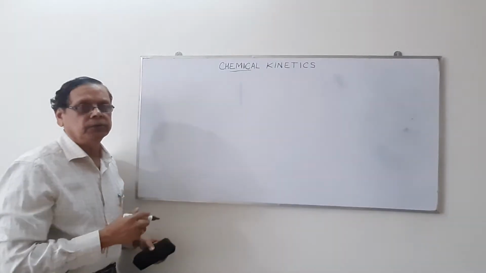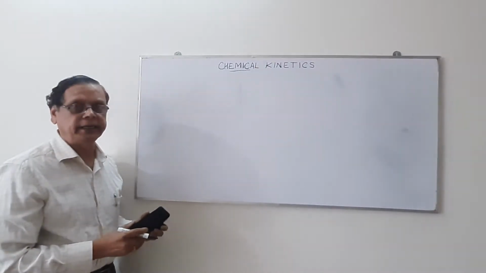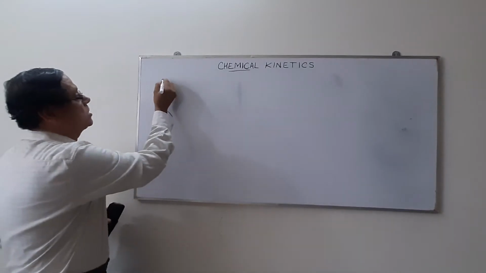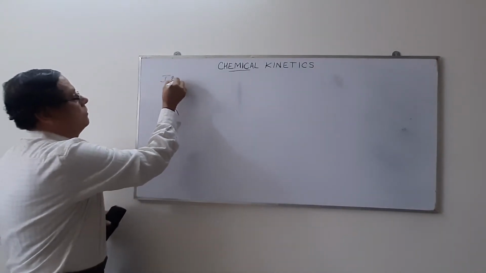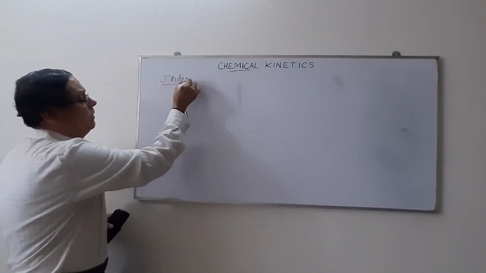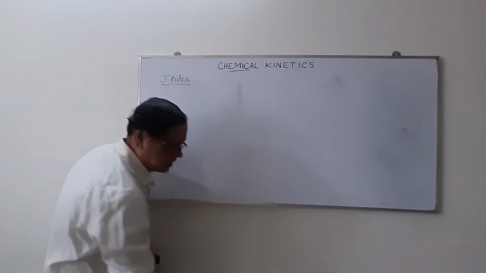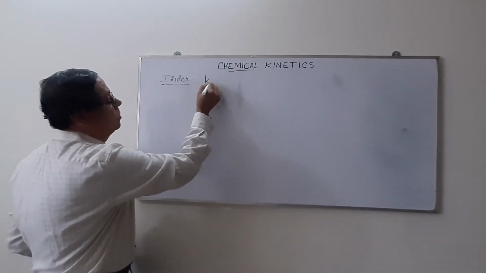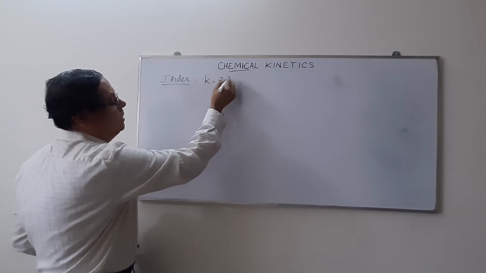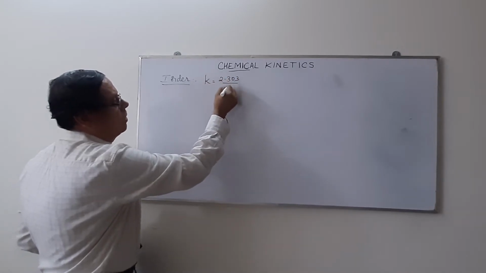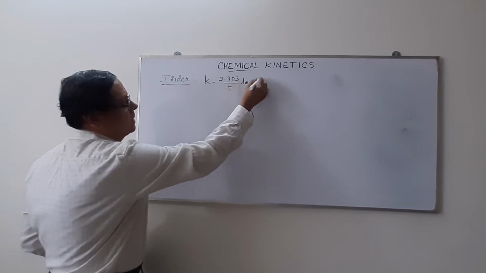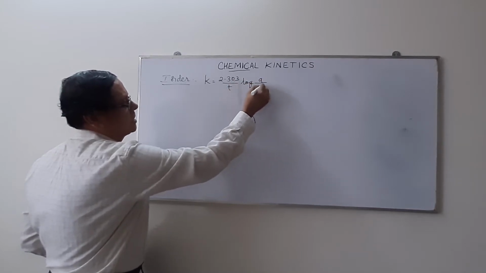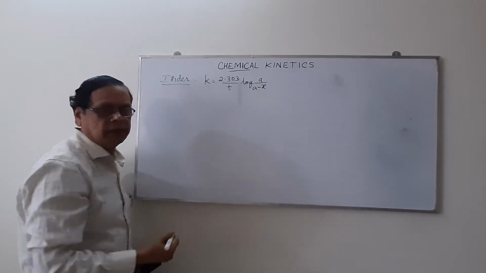So let us continue the study of the first order kinetics. In case of the first order reactions, we have some information. When we consider this k expression, k is equal to 2.303 by t log a by a minus x, this we have derived in the previous class.